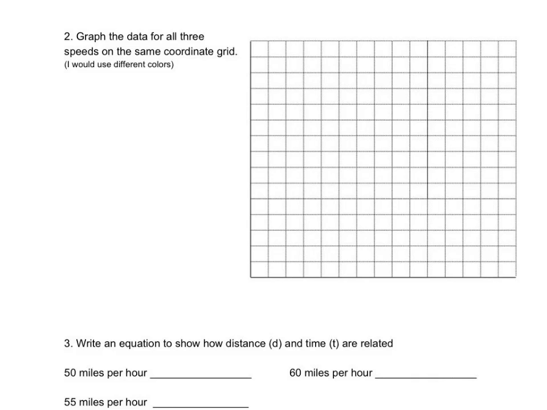So if you do not currently have different colors, I would pause it, see if you can locate some, or maybe use different patterns. So one line you could do dots, or maybe do some sort of dashes. In this case, I wouldn't even care if you did something like this, just so that you could see the difference, although I would not want you to graph for accuracy that way. So first thing that we're going to do is list the ordered pairs from the table on the front.